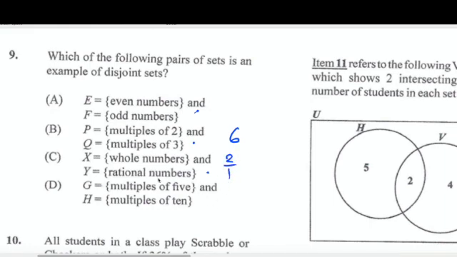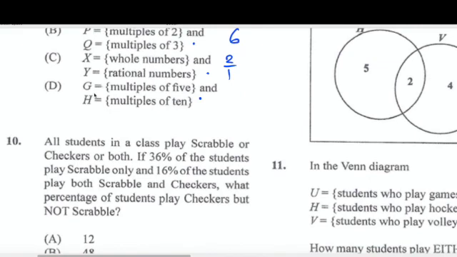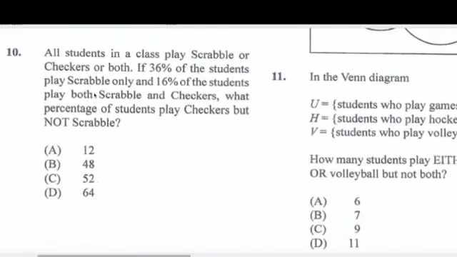So I think that there is an intersection there. Multiples of 5 and multiples of 10, no, obviously not. So it would have to be the set of even numbers and the set of odd numbers, and we could see that these sets will not intersect. They are disjoint.